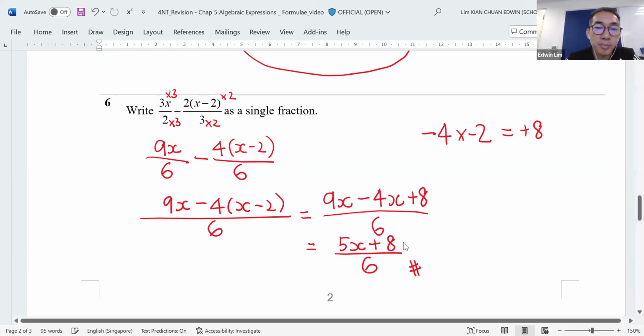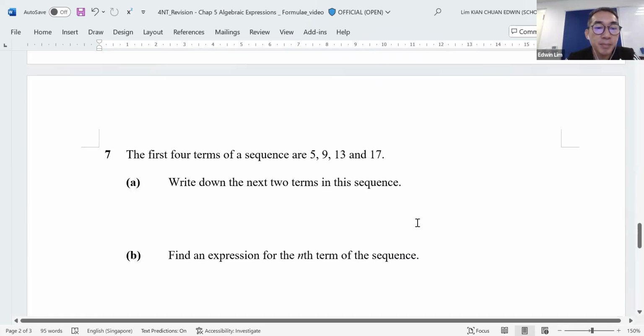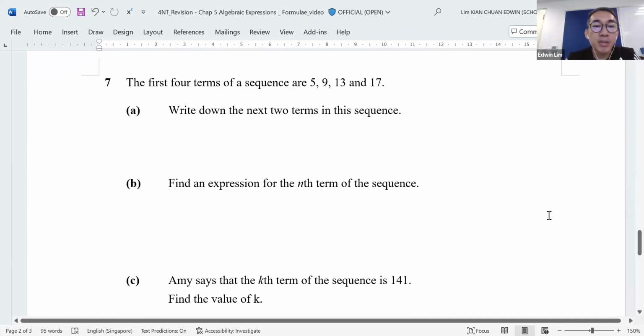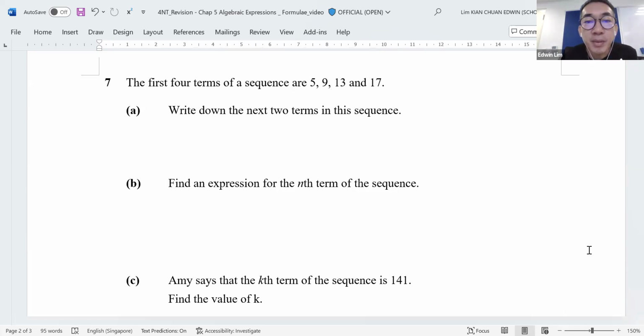Last question, number pattern. The first 4 terms of a sequence are 5, 9, 13, and 17. Okay, what do you need to know about the number pattern? When we want to move on from one term to the other term, I hope you can see I need to plus 4.